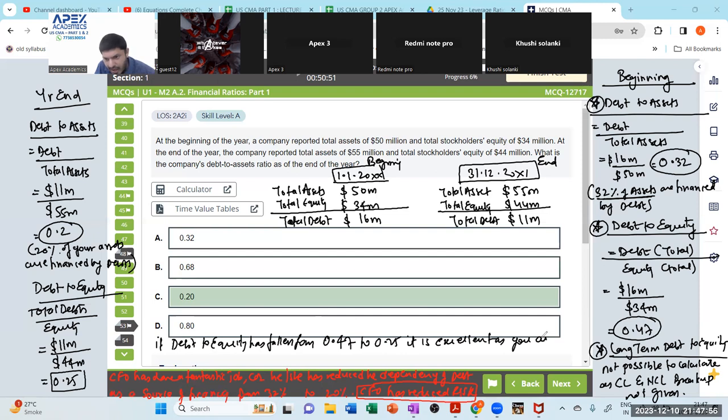As you are relying more on owners' funds to do business rather than taking borrowings. Are you understanding this concept, ladies and gentlemen?